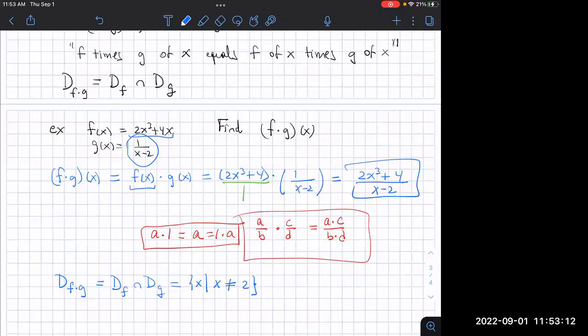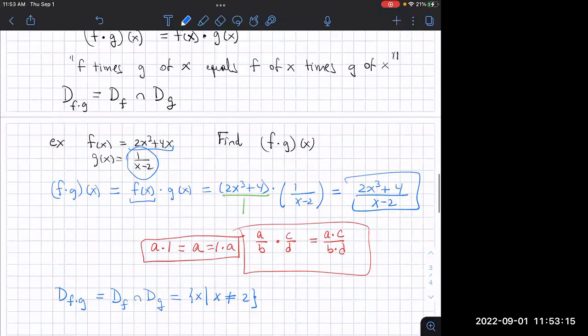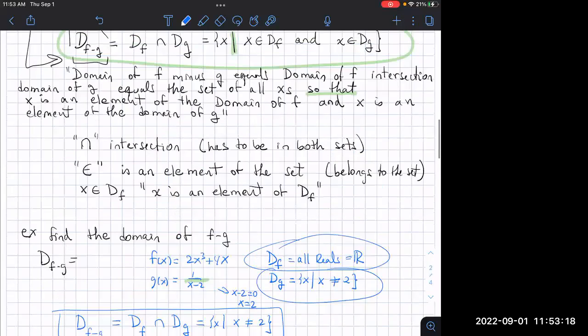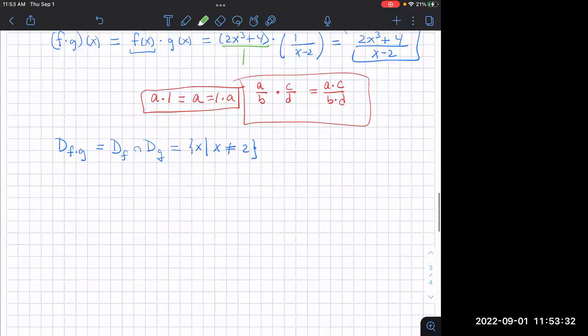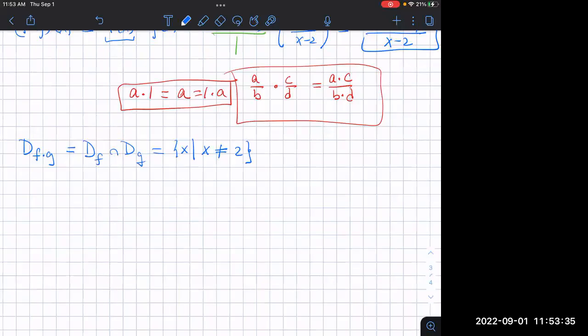What does that upside down U represent again? Intersection. Intersection means it has to be in both sets. Does anybody know what this means? Union. Yes. And what does union mean? Intersection means it has to be in both sets. What is a union?